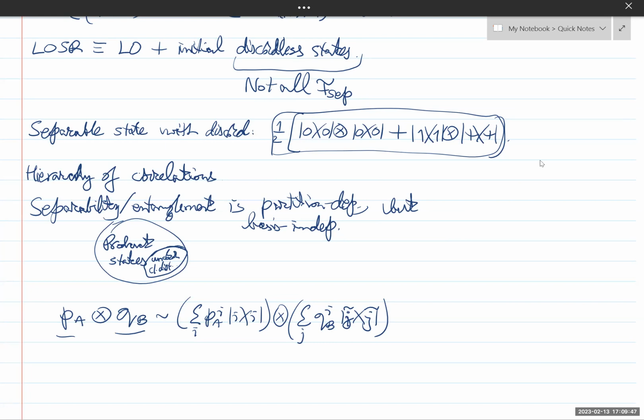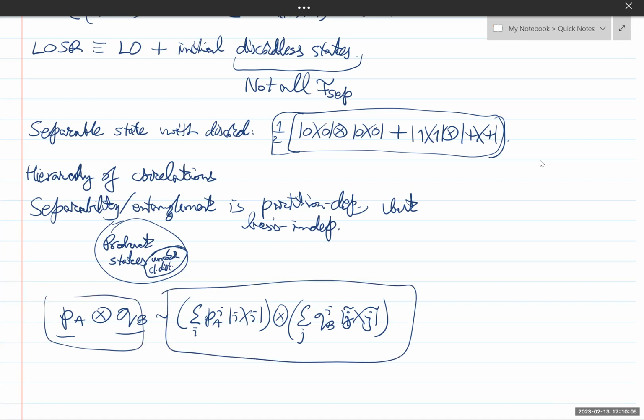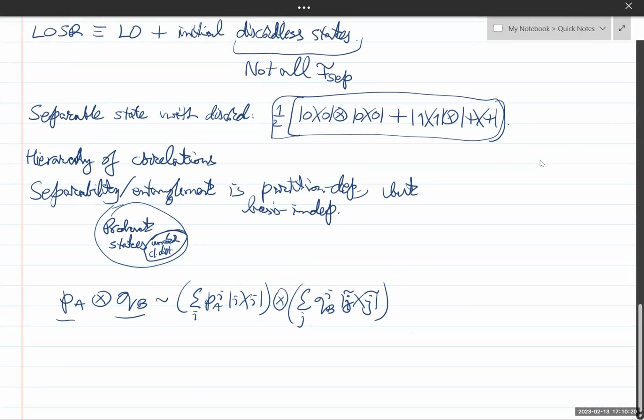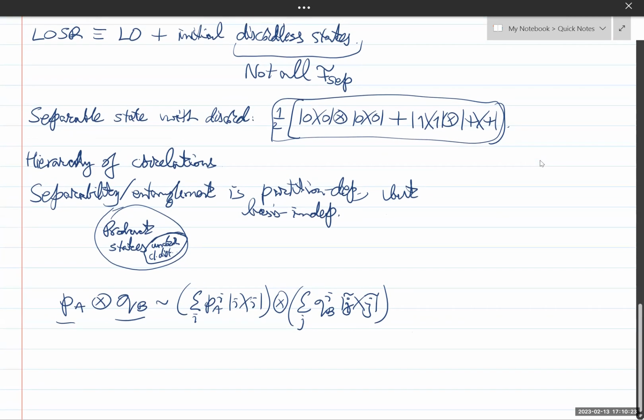Because as far as the operational difficulty of non-local operations is concerned, like if you're able to do things locally, but somehow restricted in what you can do globally on AB, then the distinction between this and this is not very bad, right? It's essentially the same thing in terms of local operations.